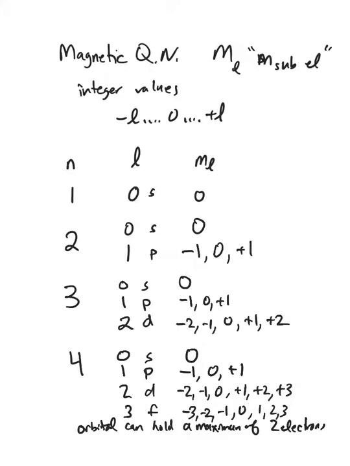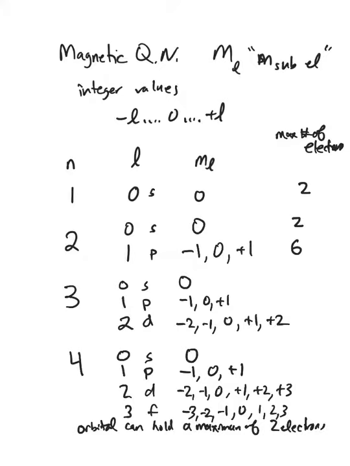So if we went back through this, the max number of electrons for n equals 1, L equals 0, m sub L equals 0, there's one orbital, each can hold 2 electrons, maximum number is 2. For n equals 2, for the s orbital, there's a maximum of 2 electrons. For p orbitals, there's a maximum of 6 electrons. 3 orbitals, the -1, 0, +1 m sub L values, each can hold 2 electrons, gives us 6.